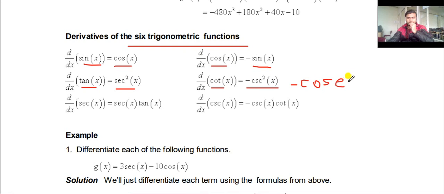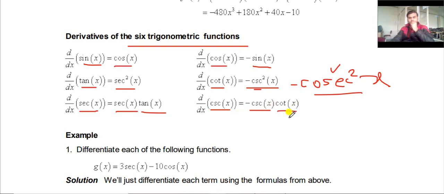You have to write in full form, not in the short form. Differentiation of sec x will be sec x into tan x, and differentiation of cosec x will be minus cosec x into cot x. So you have to remember these 6 formulas, then you will be able to differentiate the trigonometric functions.